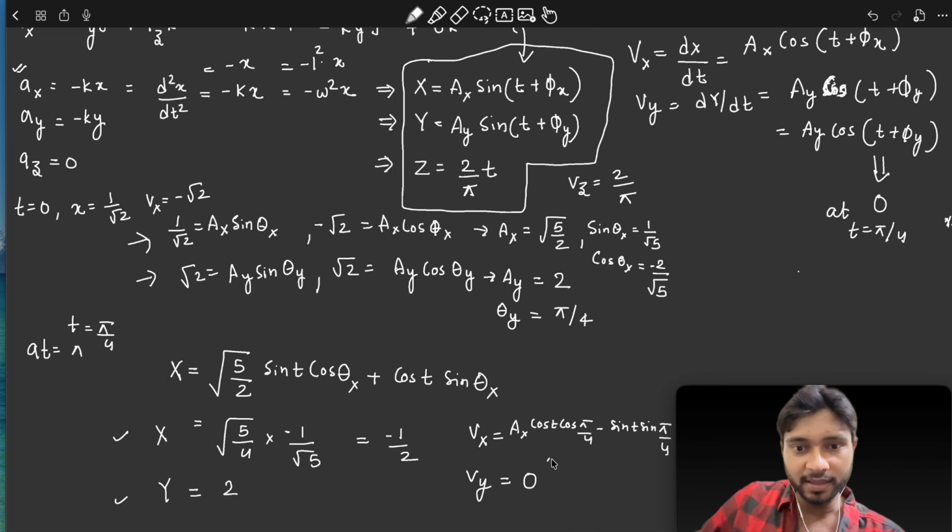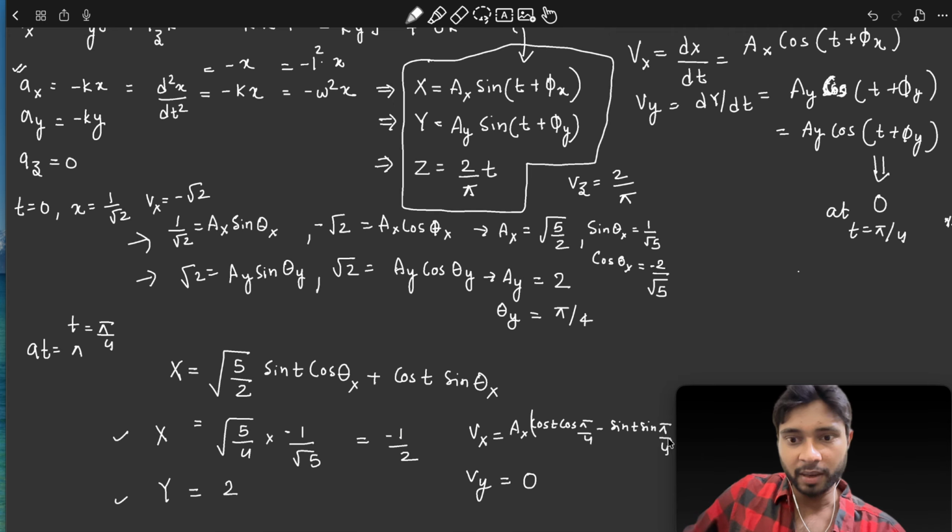So let's calculate this. Vx will be, let's take Ax. Okay, here also cos pi by 4 and sin pi by 4 will be 1 by root 2. So Vx is equal to Ax by root 2 times (cos phi x minus sin phi x). Cos phi x was minus 2, sin phi x is 1, which is minus 3 by root 5.